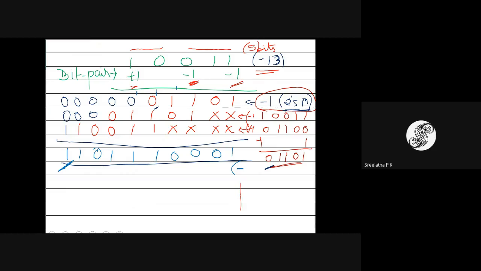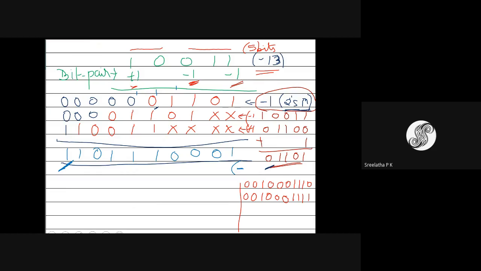I'll find it here in the working. The 2's complement, plus 1, gives 0 0 1 0 0 0 1 1 1 1. Now check the value.